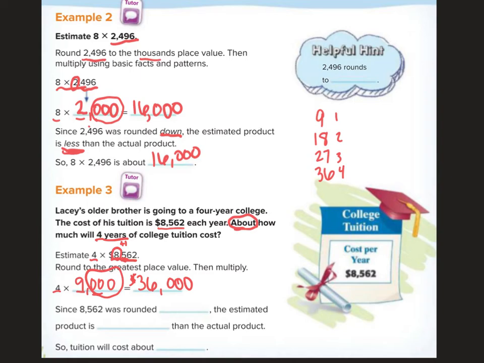Since 8,562 is rounded up, right, we went up to 9, the estimated product is greater than the actual product. So tuition will cost about $36,000.